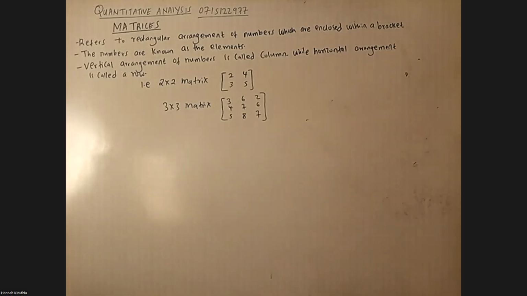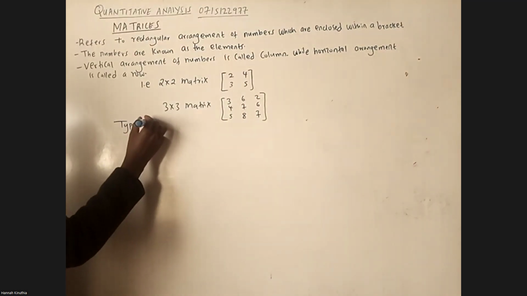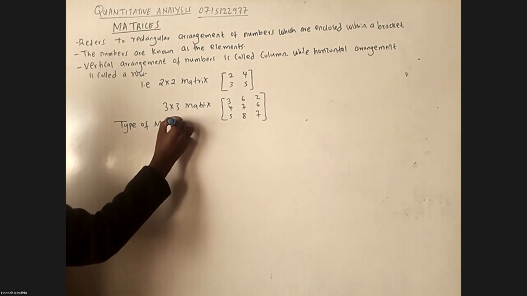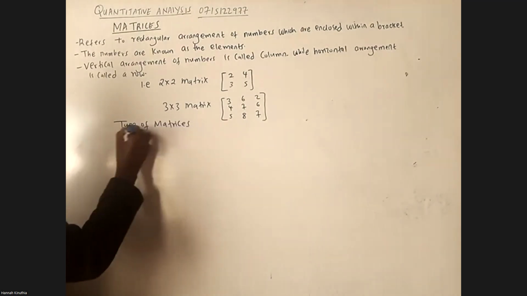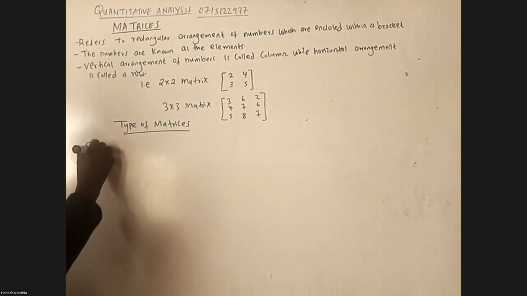Okay, type of matrices. I don't want to write so many things. Type of matrices, number 1, square matrix.